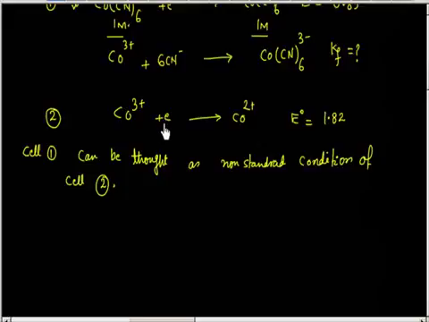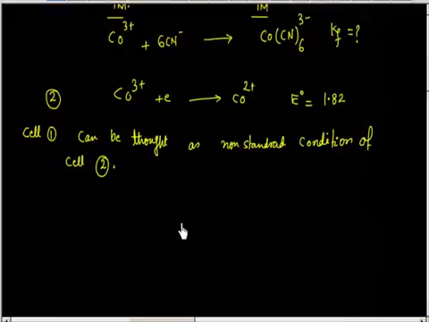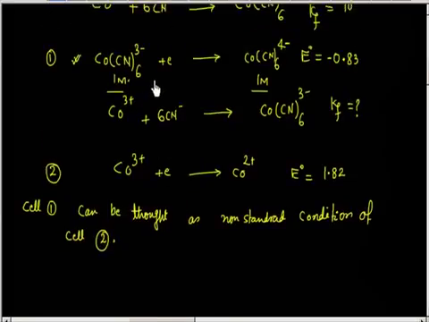Now if you want to see this reaction, you can use these two and sum them, and then you get this reaction. You need cell number 2. E degree for this cell is given, and the standard condition cell E degree is given. So let us see how to find Co2 plus and Co3 plus at non-standard condition.